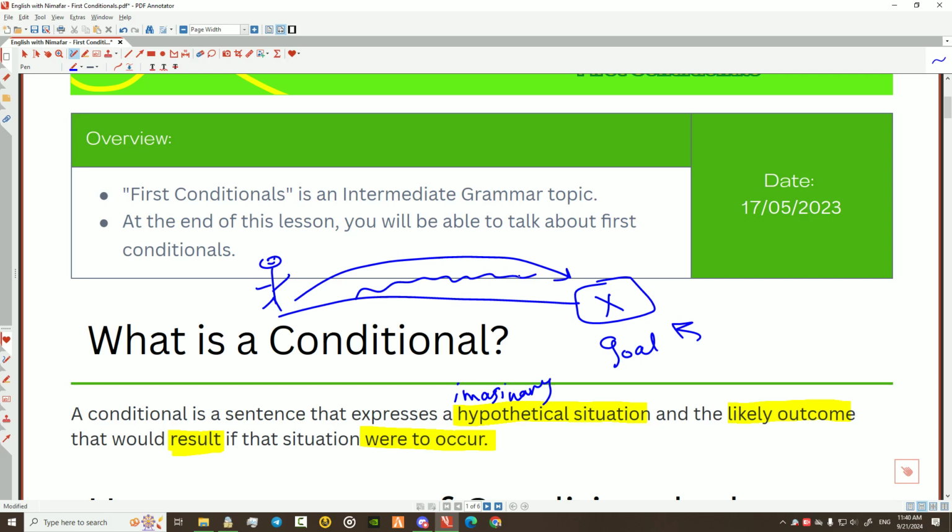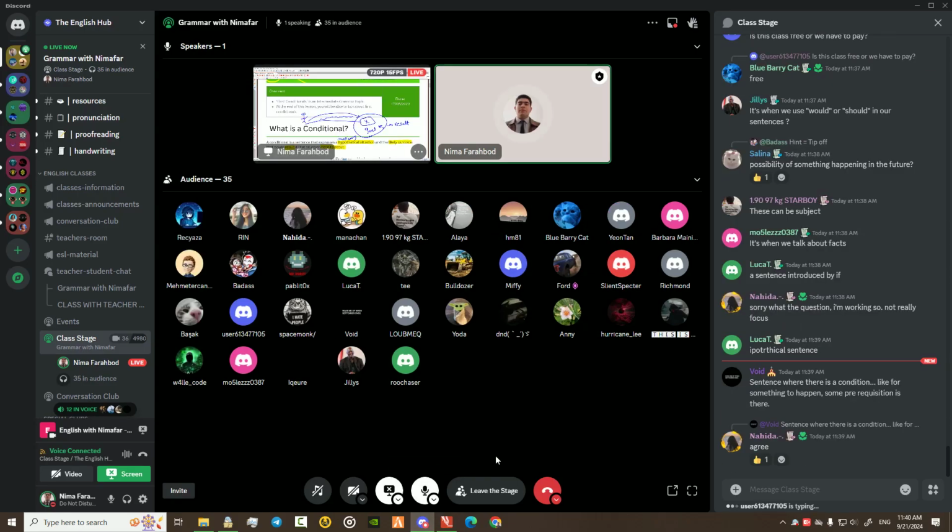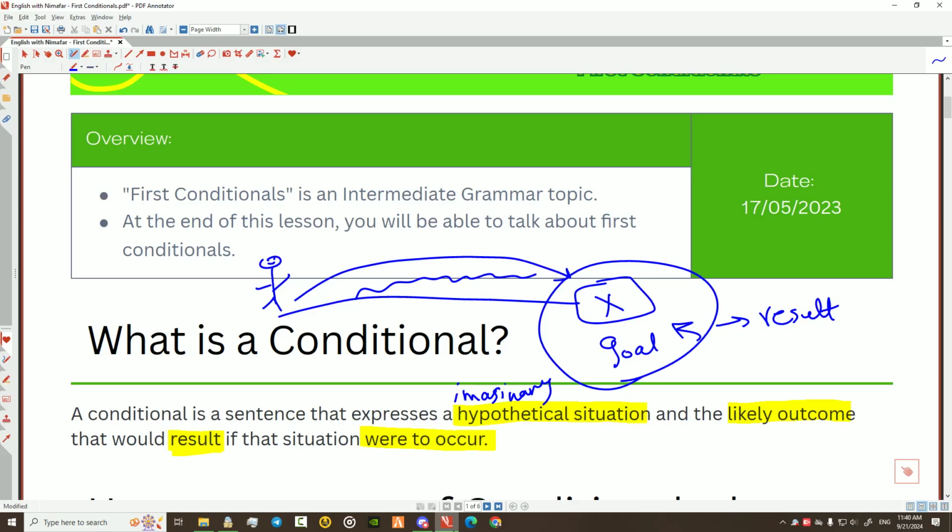So, this is your result, the goal. Achieving the goal is the result. But that's not free. You need to do something for it. You need to work hard, study hard, do many things. In that case, you can achieve it. So, this kind of thing is like your condition.